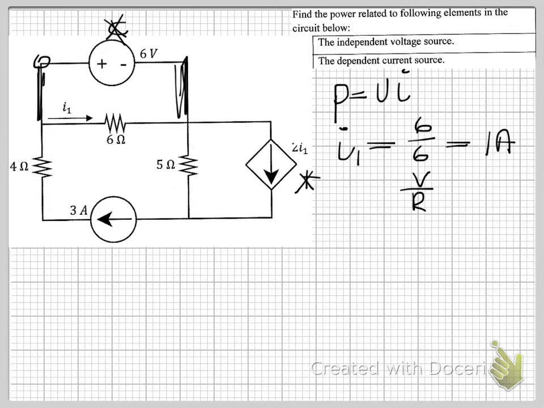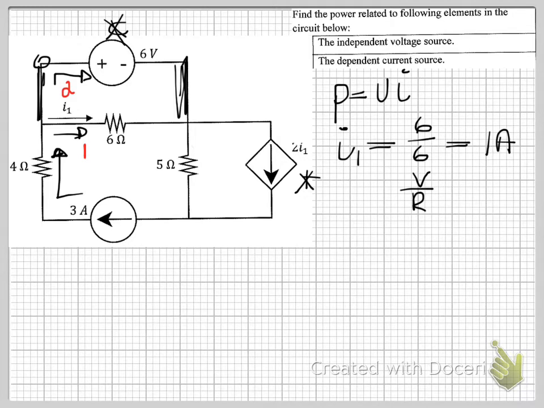But we know that 3 amps is being delivered here, right? So this means that only 1 amp of those 3 amps goes that way, and the other 2 is going this way, right? So we've got 1 amp here, and we've got 2 amps going this side. This is how you determine how much current is going through our voltage source, right?